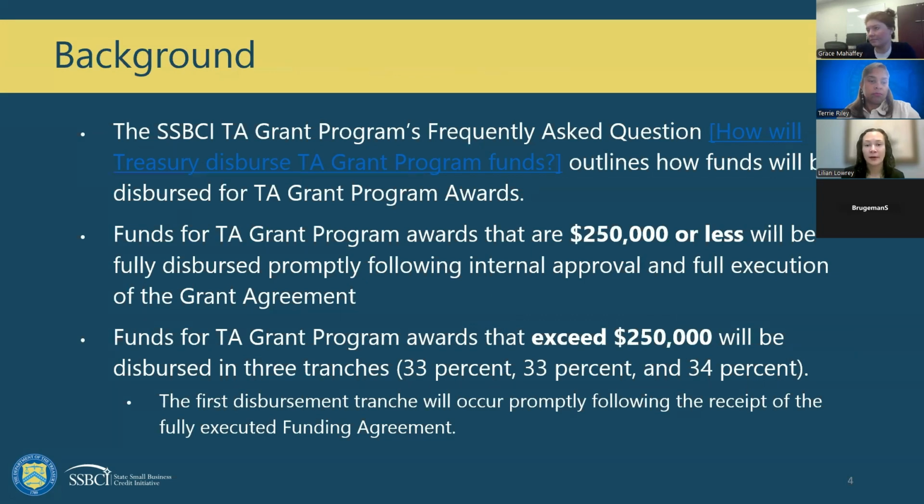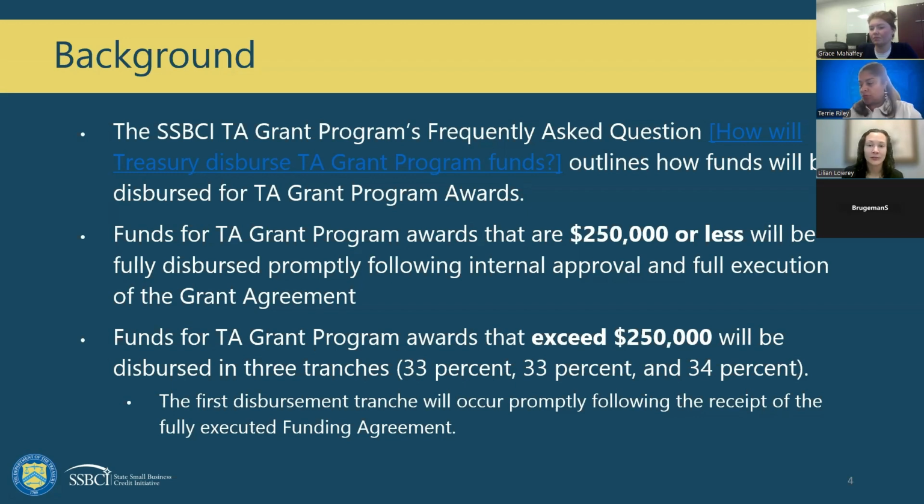So a little bit of background. If you do have a grant with us, you probably read our grants guidelines, or you have seen an FAQ that specifies how Treasury disperses TA grant program funds. Each award will have specific information, but any grants that are $250,000 or less are distributed all at once.